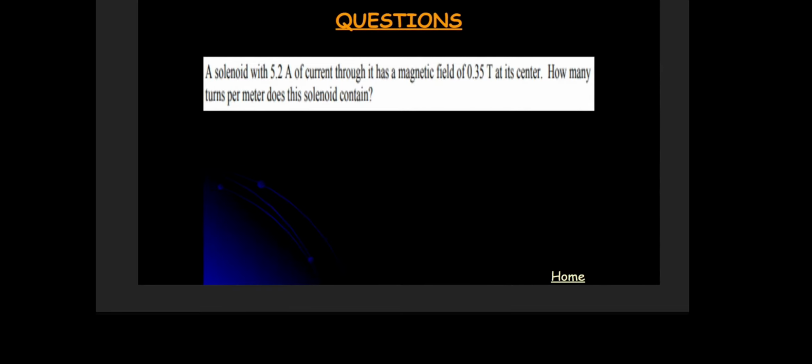And B is 0.35 divided by permeability, 12.56 times 10 to the negative 7, times current, which is 5.2. And hence we get 53,589 turns per meter. Any questions for this one? Or are we all good?